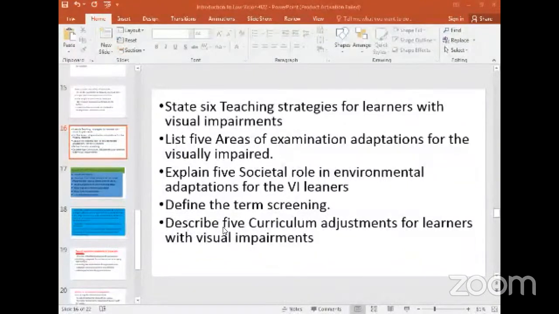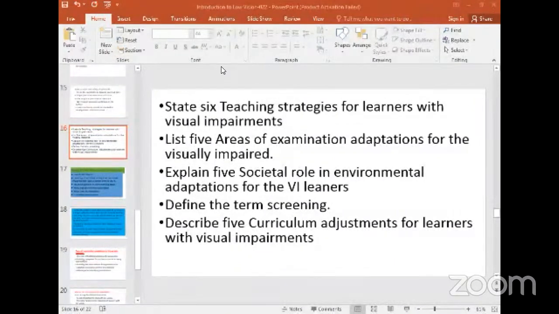Okay, describe 5 curriculum adjustments for learners with visual impairments. Pascal, yes. Can we say screening is the process of identifying the visual acuity of the person? Testing. It is testing the visual acuity, yeah.